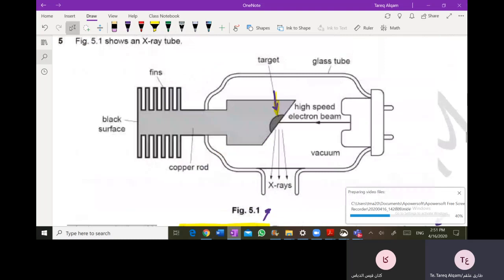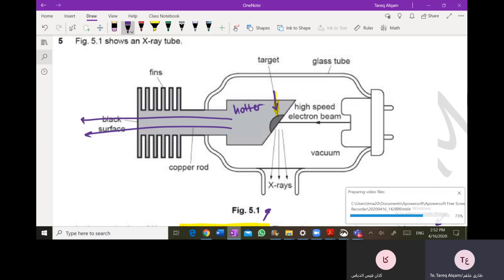Guys, this becomes hotter, so we need to transfer this energy outside. You got my point? This is the hotter one. We need to transfer this energy outside the target.